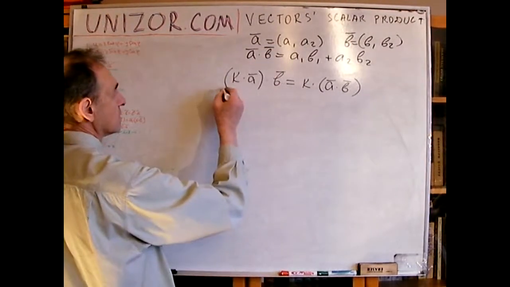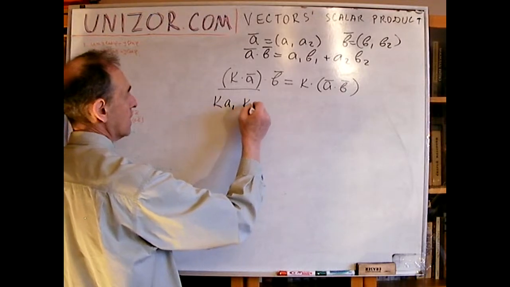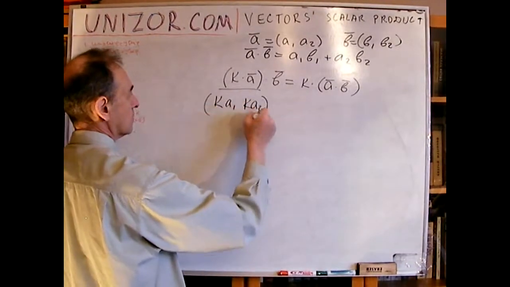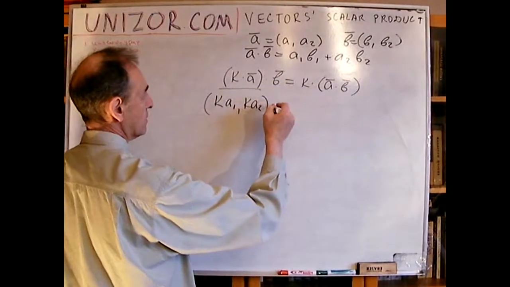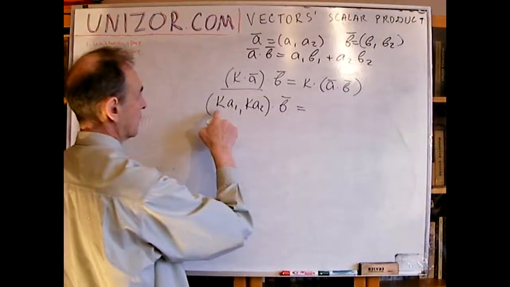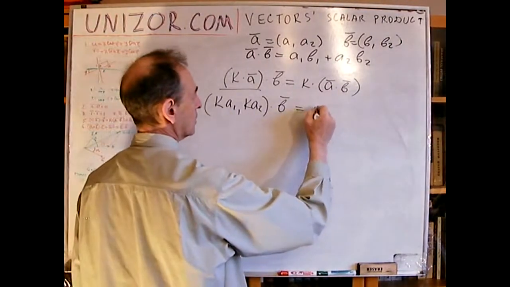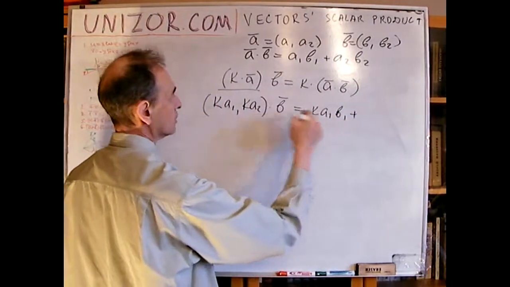Obviously, you remember that this is ka1, ka2. That's the coordinates. Now, if you multiply this by the vector b, which is this, you will have ka1 times b1 plus ka2 times b2.